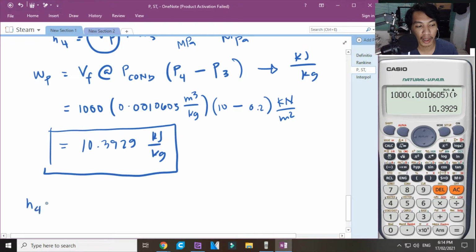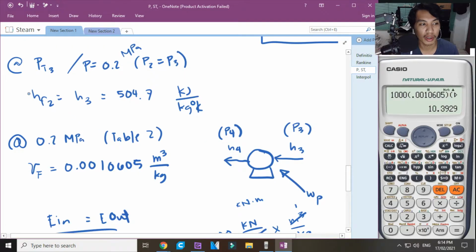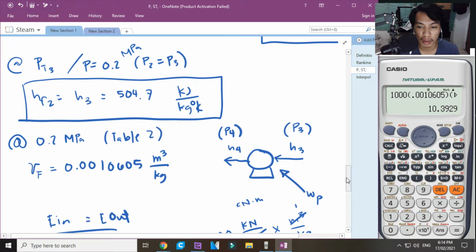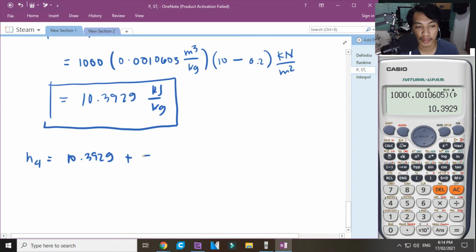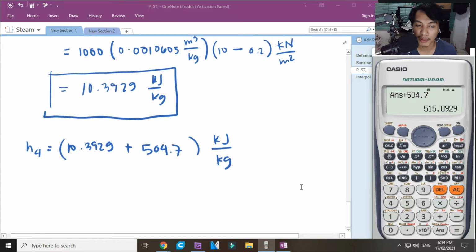H4 now will become 10.3929 plus yung H3, which is 504.7 kilojoule per kilogram. So, 10.3929 plus 504.7. The answer will be 515.